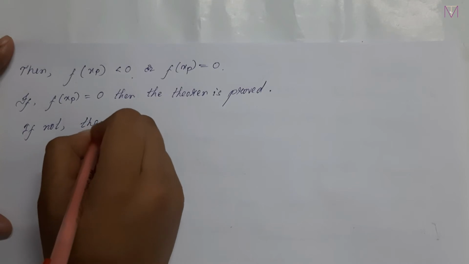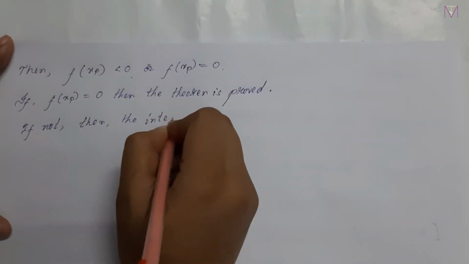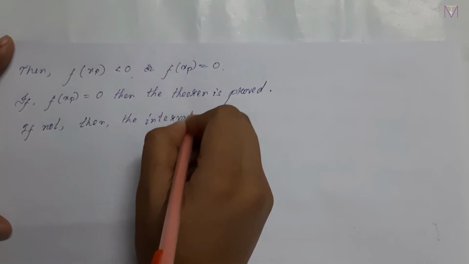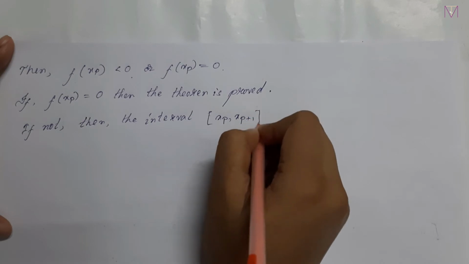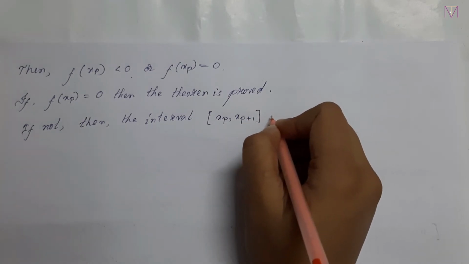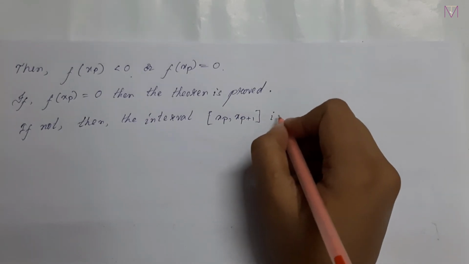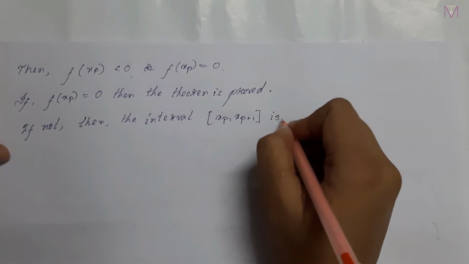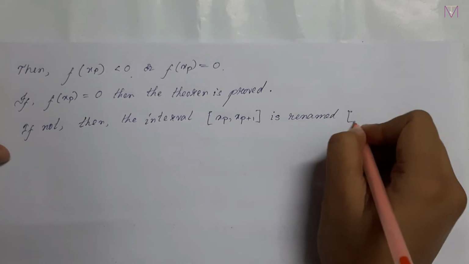then the interval xp to x_{p+1} is again divided into n subintervals. So first rename this as a1 b1.